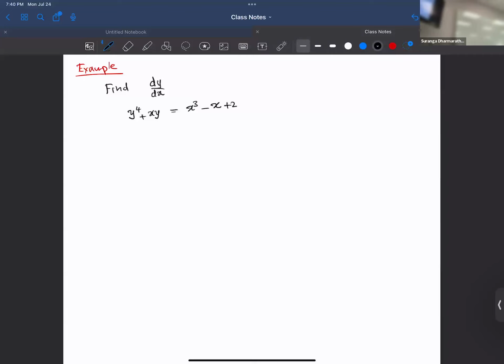What do you do first? Find d over dx of both sides. The differential operator. Differentiate both sides in terms of x.